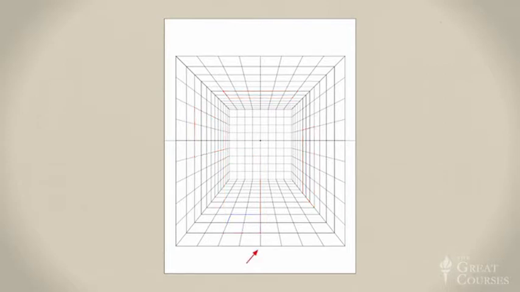Let's look at the central grid line which passes through the vanishing point. First, it appears to recede from the ground line to the back wall, then climbs up the back wall and finally comes forward in space along the ceiling, returning to the picture plane. The grid line that passes horizontally through the vanishing point has a similar quality. It appears to recede into space back along the left wall.